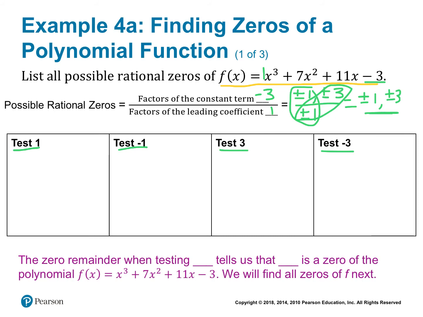So let's refresh our memory on synthetic division. We're trying to divide by 1. In our constant terms, I'm dividing by 1 here. I have a 1, a 7, an 11, and a -3.